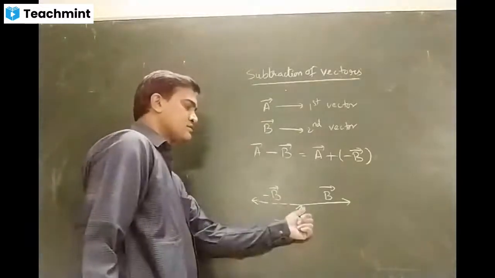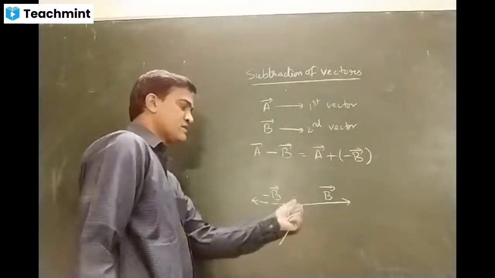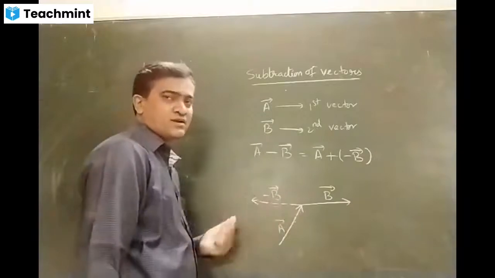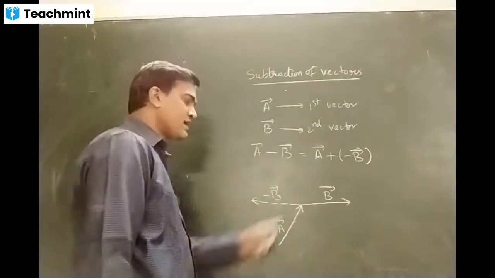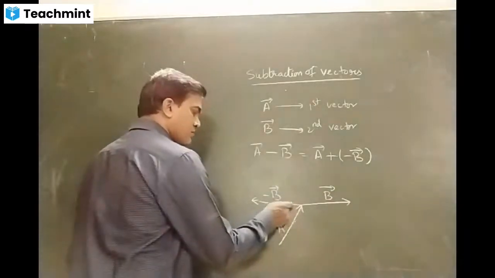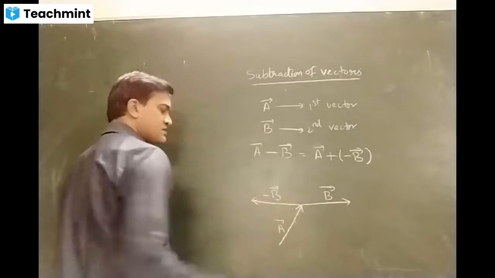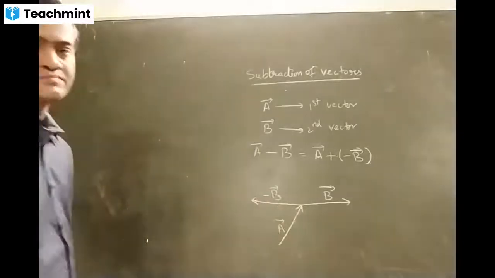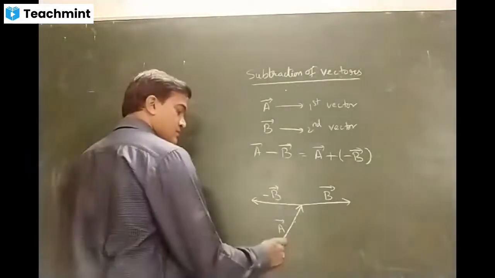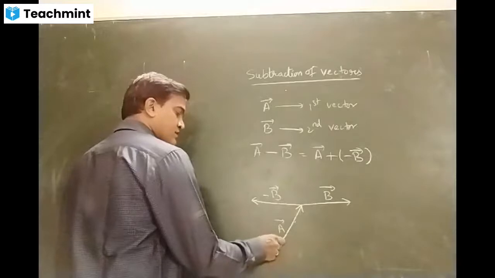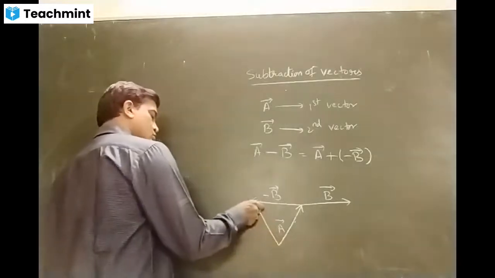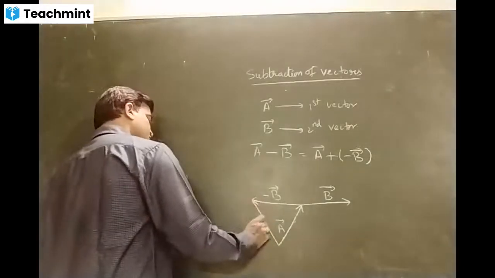Now A bar is the first vector, minus B bar is the second vector. When I add A bar and minus B bar, the resultant will be from the tail of the first vector to the head of the second vector.